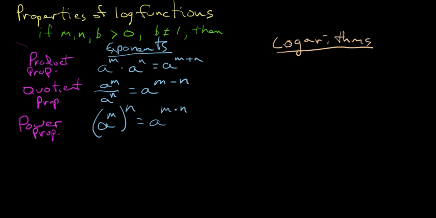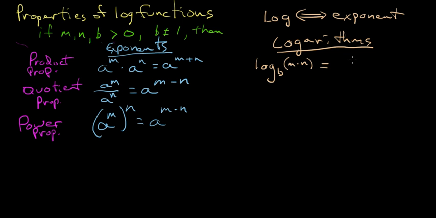So for logarithms, remember a log is what? It's an exponent. Okay? So for logarithms, if you have log to the base b of m times n, that is equal to log to the base b of m plus log to the base b of n.